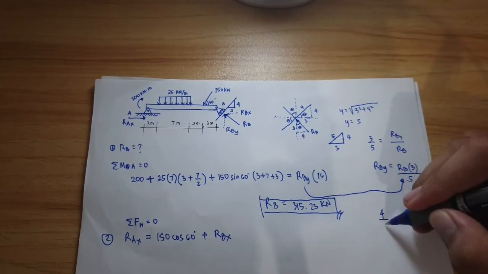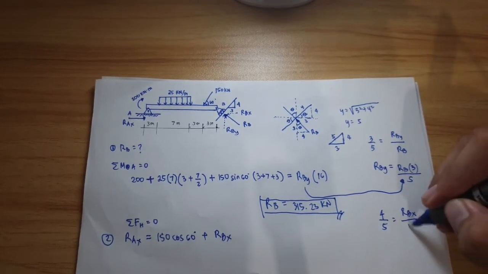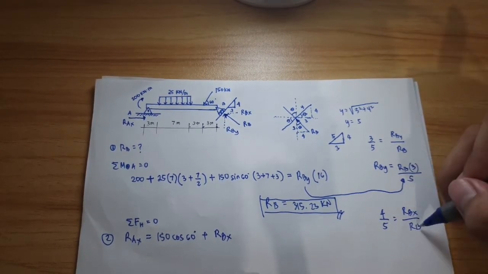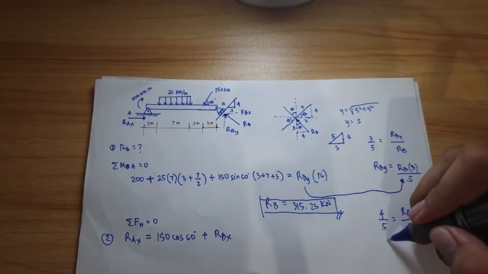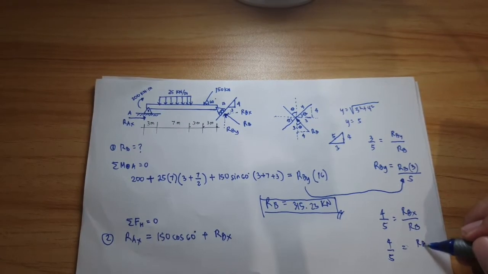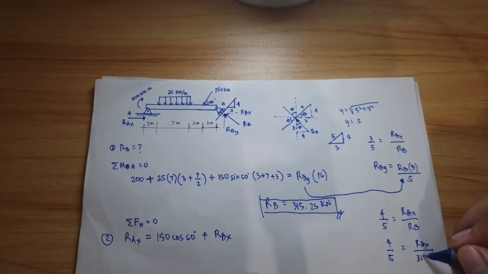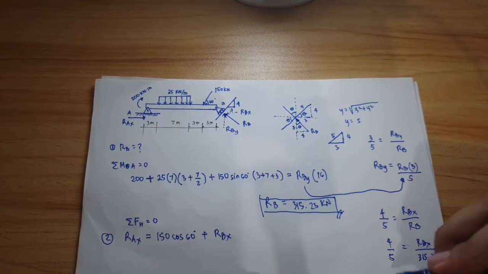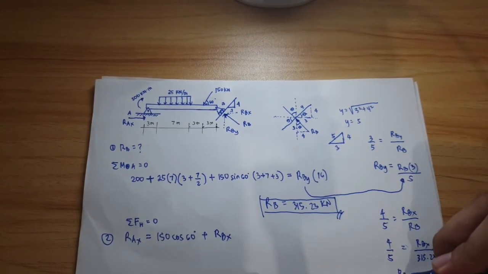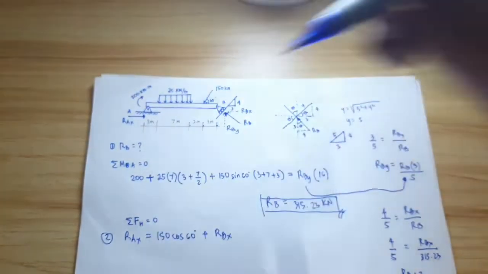So 4:5 is equal to RBX over RB. Na naman tayo RB nga 315, so 4:5 equal to RBX and 315.23. So natin value sa RBX. So ang imong unknown na lang diri RAX na lang.